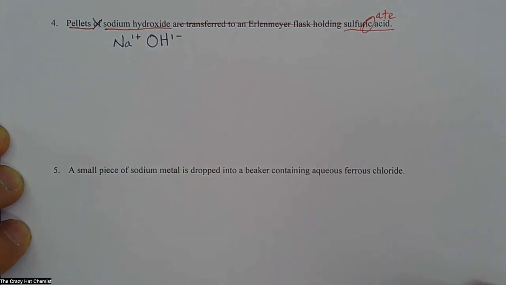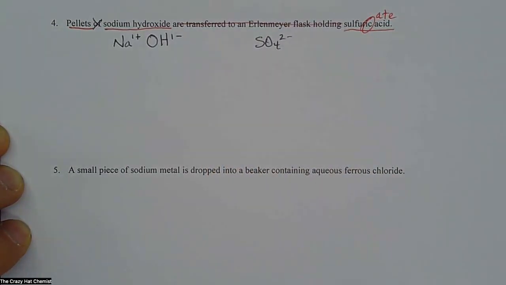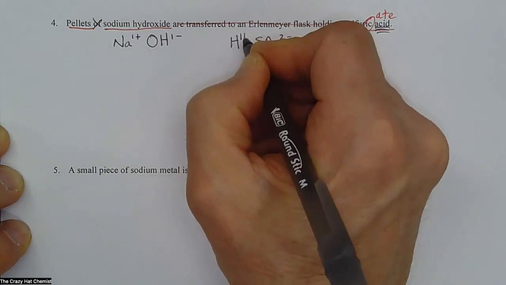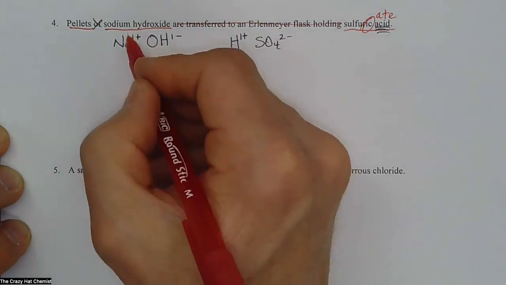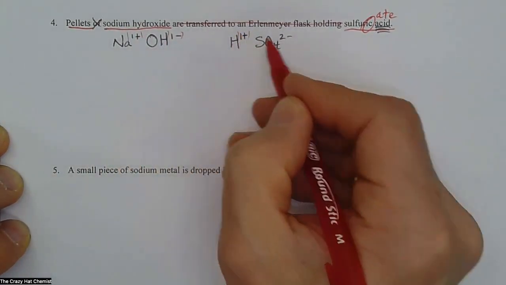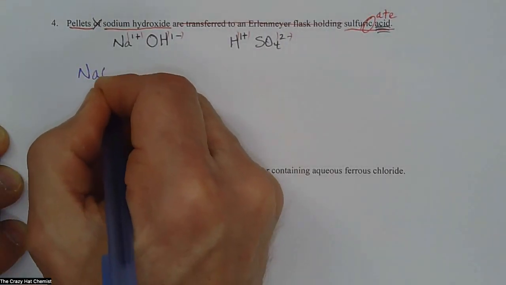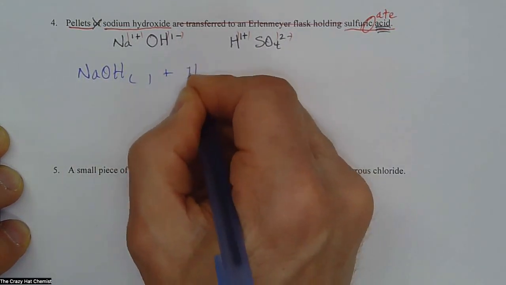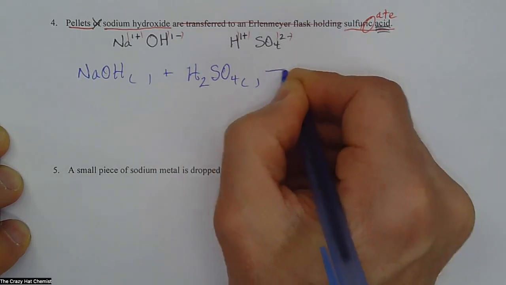So the polyatomic ion sulfate is SO4 2 minus, and all the types of acids that we're going to be discussing have hydrogen ions. So again, we take the absolute value of these numbers, flip the numbers, bring them down, and you should get NaOH, parentheses for our state of matter, and then H2SO4, parentheses, and an arrow.